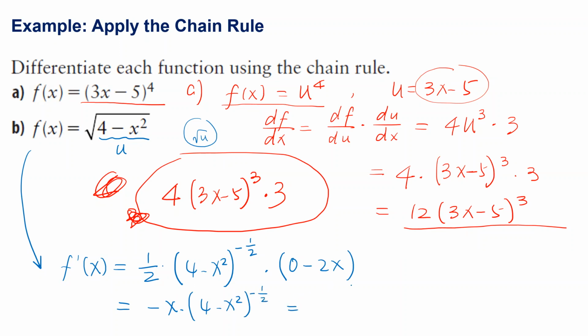Well, you can also express it like negative x over square root of 4 minus x squared. Well, that's the derivative of f(x) with respect to x, according to the chain rule. So basically, the chain rule is applied when you want to evaluate the derivative of a composite function. Any questions?